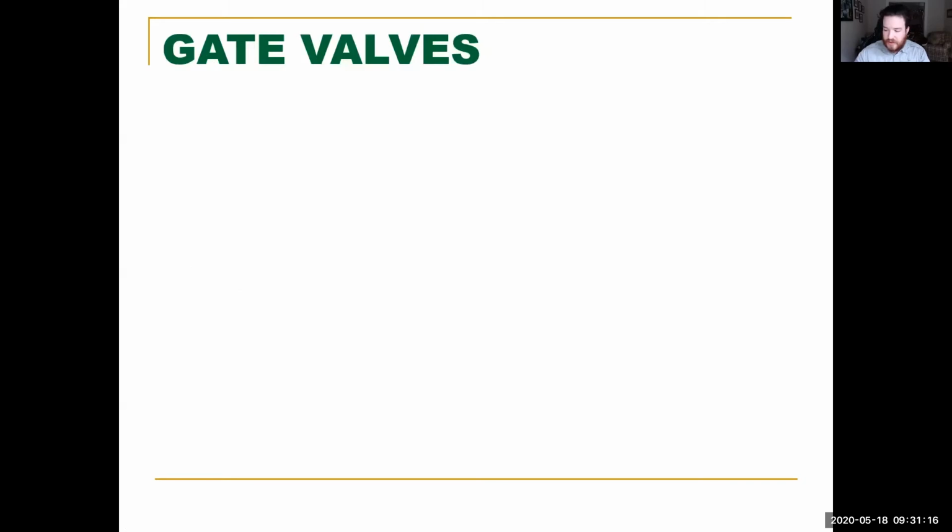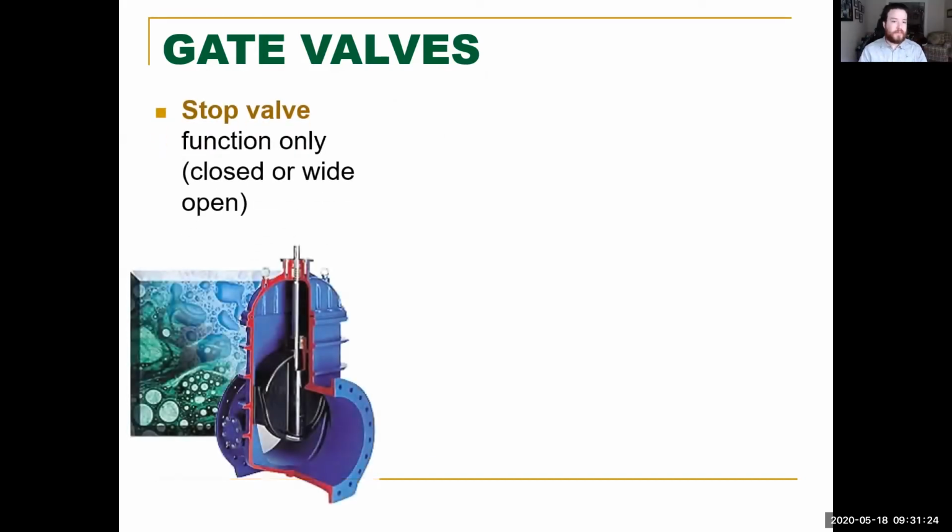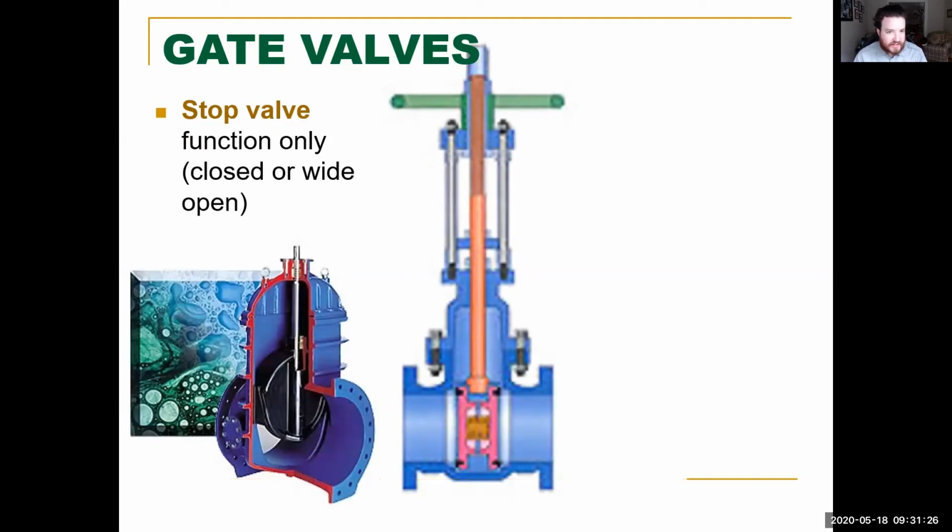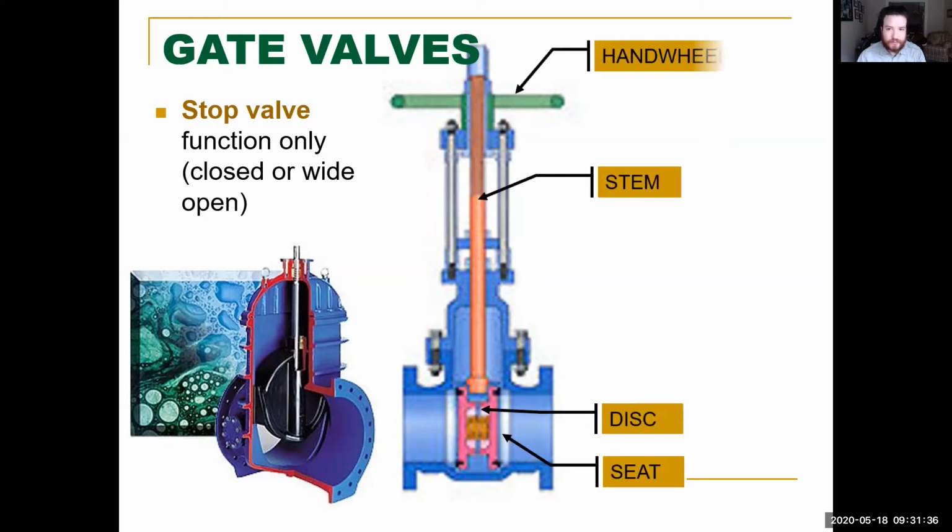So let's talk about gate valves. These are classified as stop valves. They are either fully open or fully closed. All right. As far as terminology, you have your hand wheel, you have your stem, you have your disc.